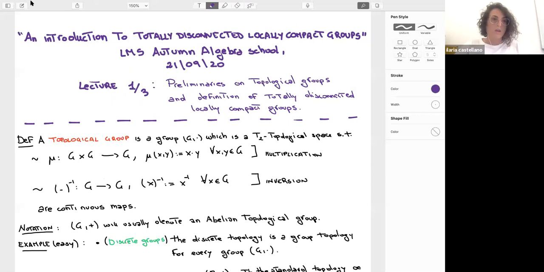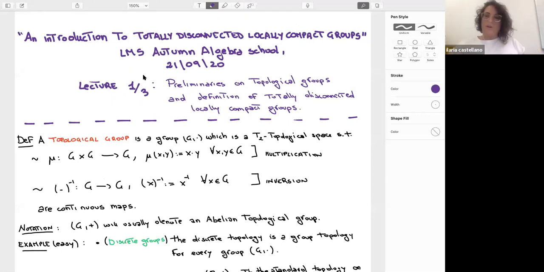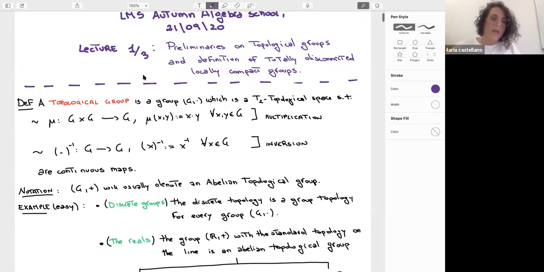Let me change the screen. Okay, let's go together. So a topological group is a group G, which is a Hausdorff topological space, such that the multiplication and inversion are both continuous maps.